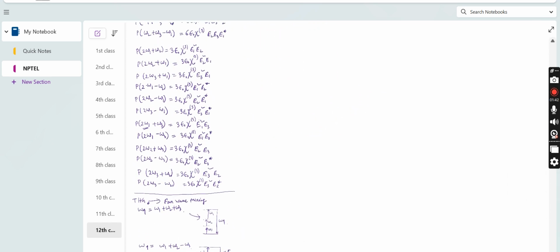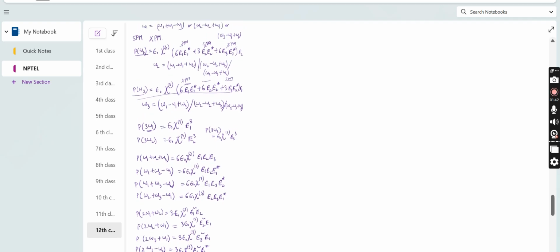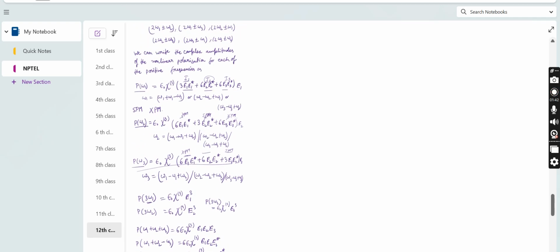So when third order nonlinearity is involved, you see self-focusing, self-phase modulation and cross-phase modulation happening. Self-phase modulation is basically when the intensity of a field modulates its own electric field.